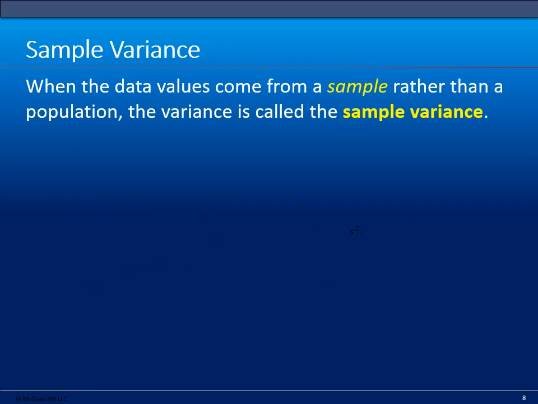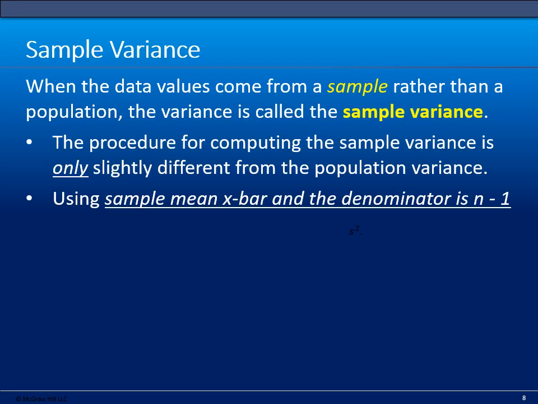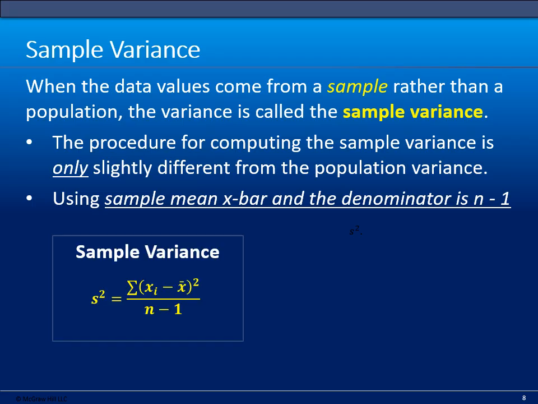Now let's look at sample variance. When the data values come from a sample rather than the population, this is called a sample variance. The procedure for computing the sample variance is only a little bit different. When you look at the formula, you'll see that the difference is really in the denominator. So here, remember that the average for a sample is x bar, it's not mu, which is the population one.